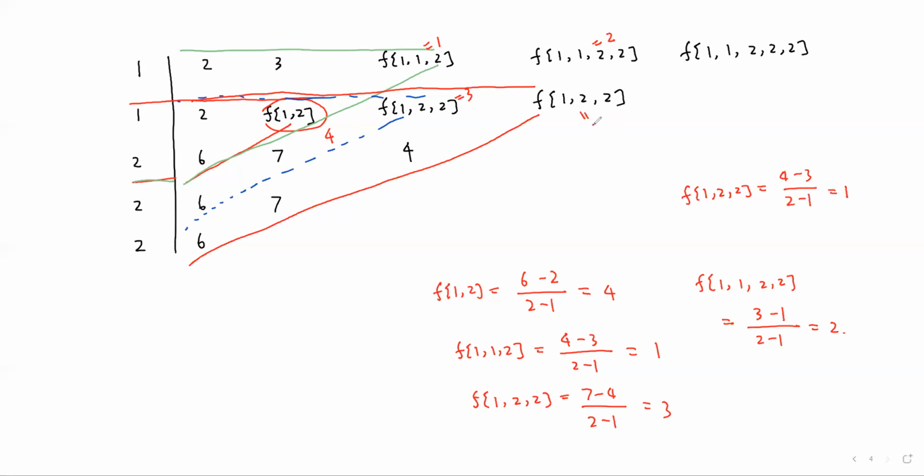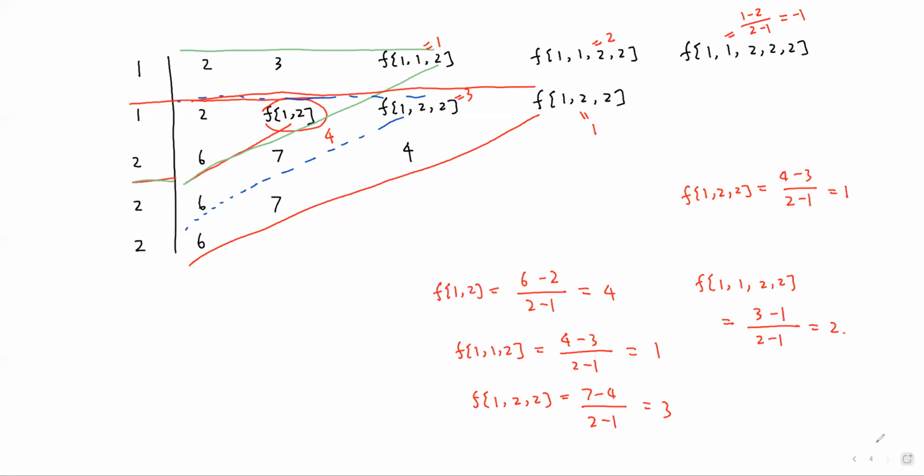This guy is 1. Then finally, for this, it is 1 minus 2 over 2 minus 1, which is negative 1.